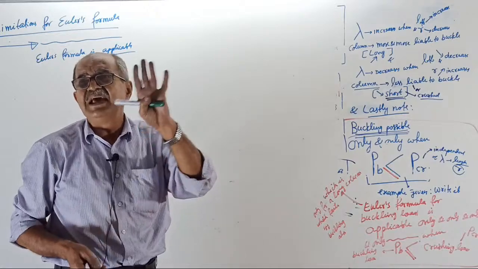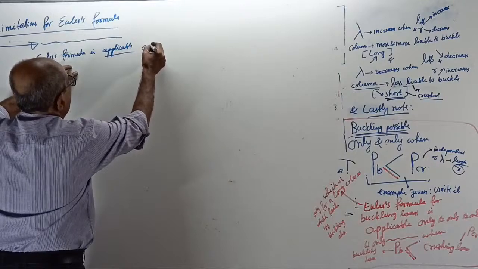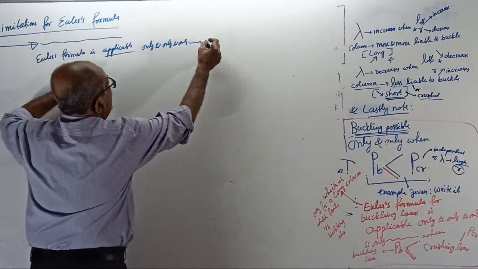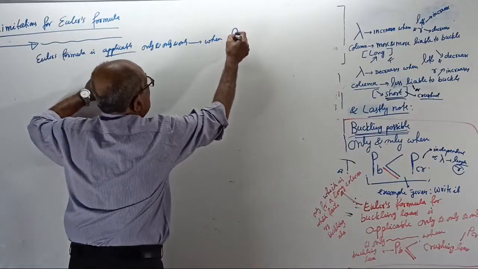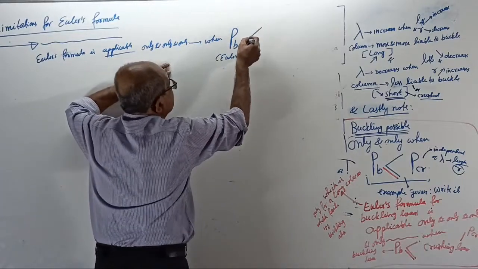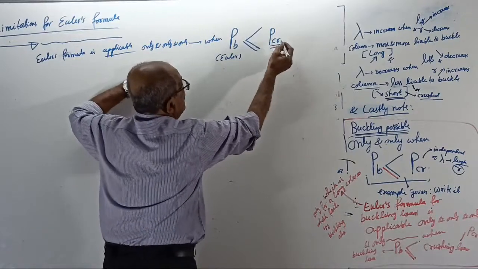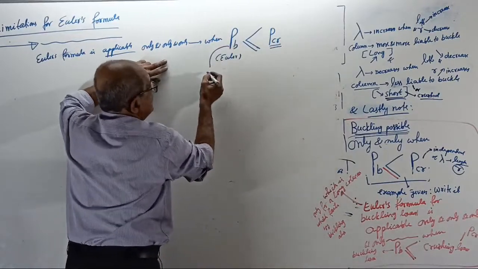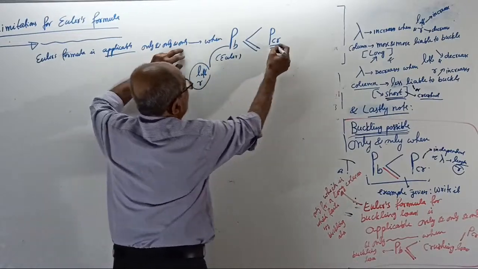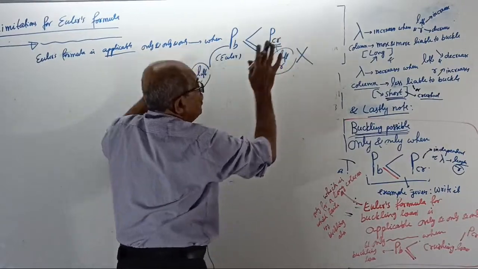Applicable only and only when the buckling load PB, Euler's buckling load, is less than or equal to the crushing load PCR. In the buckling load, length L effective and R will come. In the crushing load, L effective and R will not come, it is pure crushing.